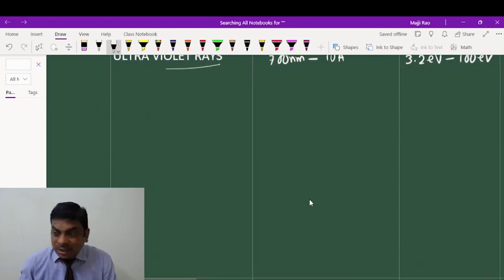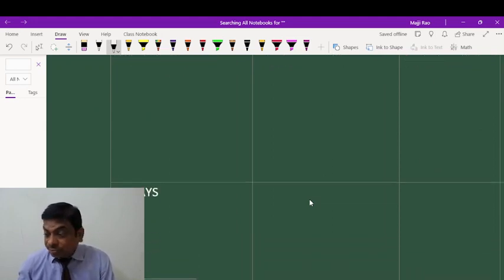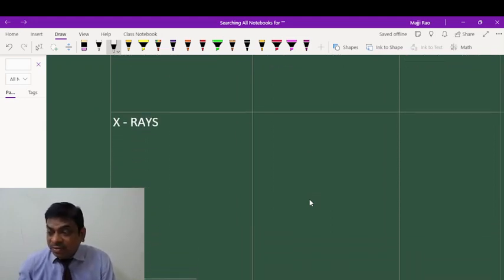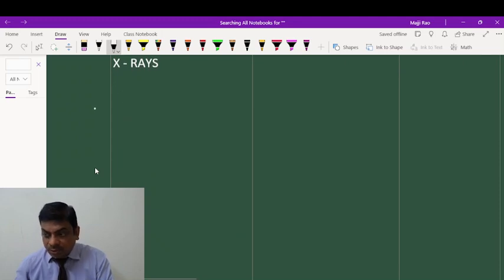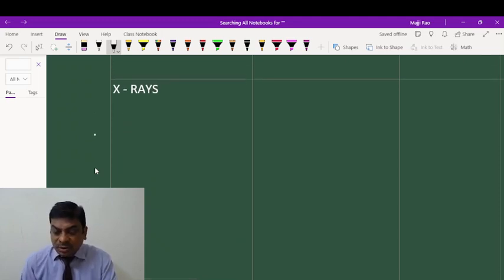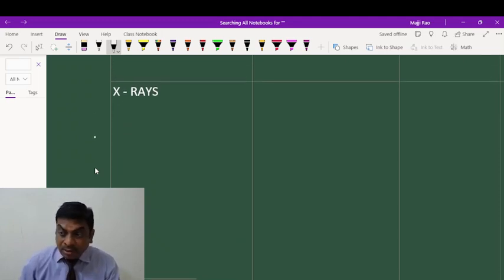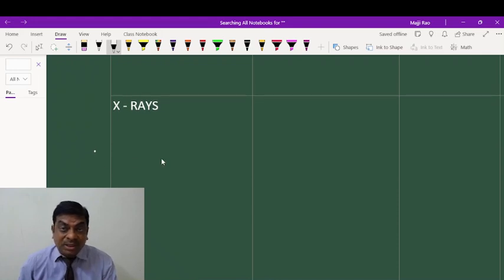Then we'll move on to the next type of electromagnetic wave, that is X-ray. Okay, students. Here you can see they are slightly highly energetic.